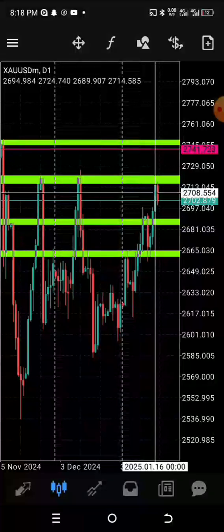I don't take too much size. I don't take too many trades with big lot size. If the small envelope is yellow, I know that the news is not going to have a real high impact on the market, so I can trade normal.